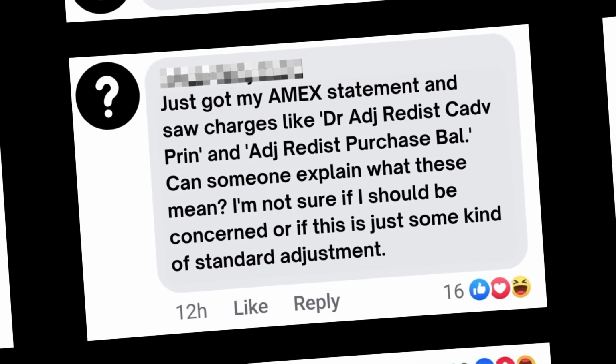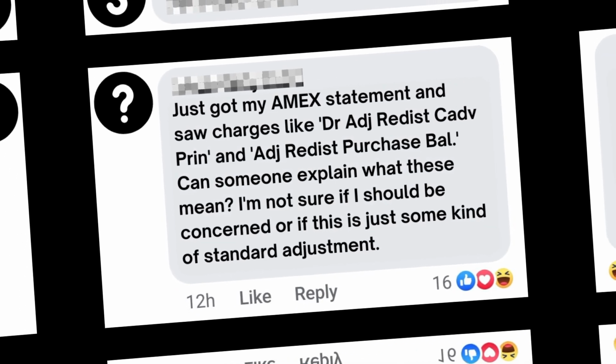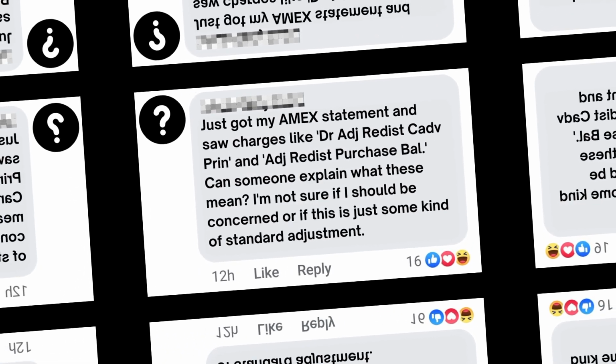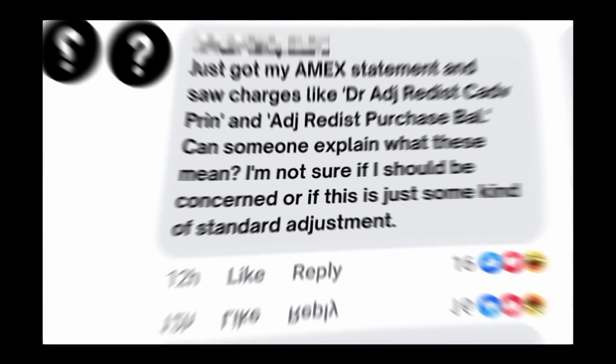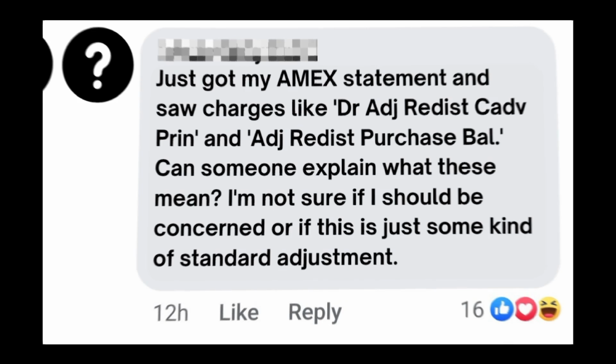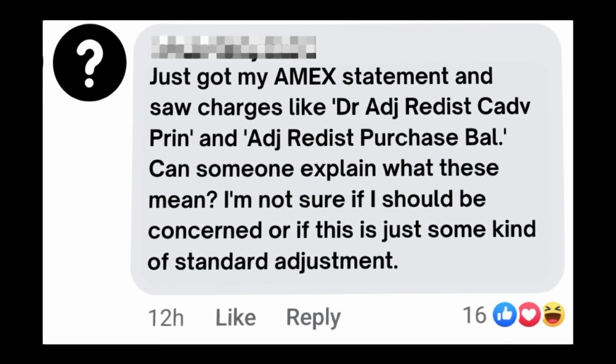That is why you see the DR ADJ, which is debit adjustment: DR ADJ, Redist Cadv Prin and Adj Redist purchase balance. So it's a system transfer error from the Amex IT. That is what you need to know regarding this.